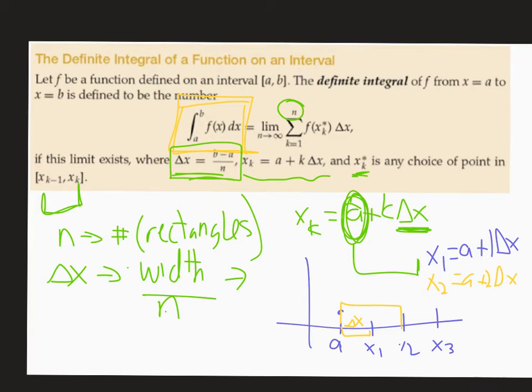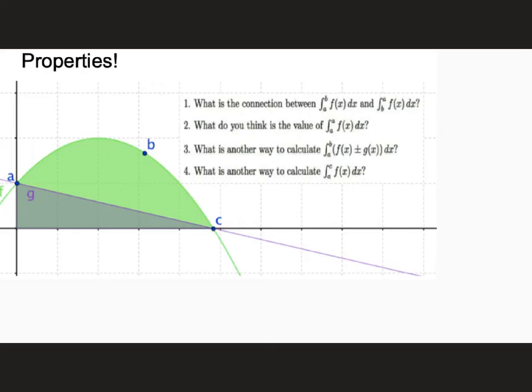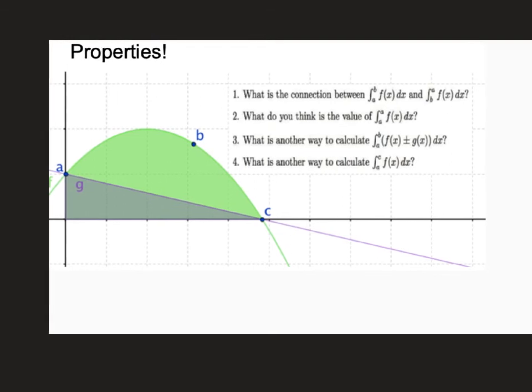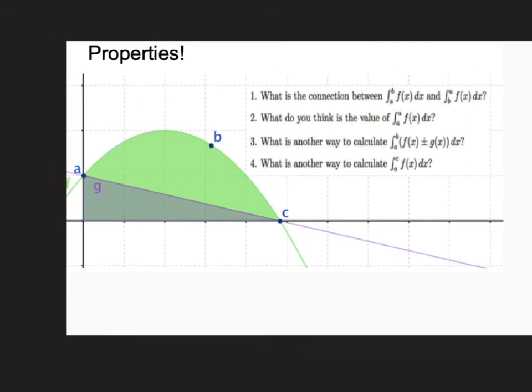And then x star k is any choice of point in the interval. So if we have some sort of curvy curve in here, x star k would be any choice in here. Obviously, to make things easier, like on that previous page, we'll make the intervals the same size and all that stuff.